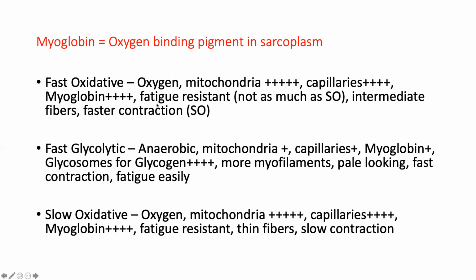But these fast oxidative fibers are, to some extent, fatigue resistant, but not as much as the slow oxidative. Their mast cell fiber size is intermediate, and they contract faster compared to the slow oxidative fibers. The example is the mast cell fibers in our thigh or in our legs.